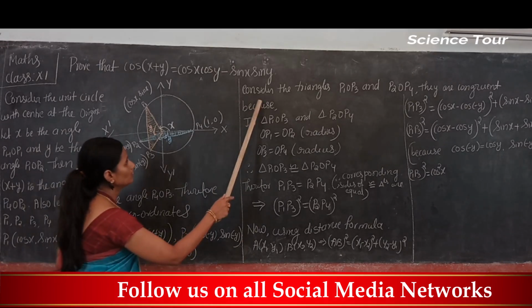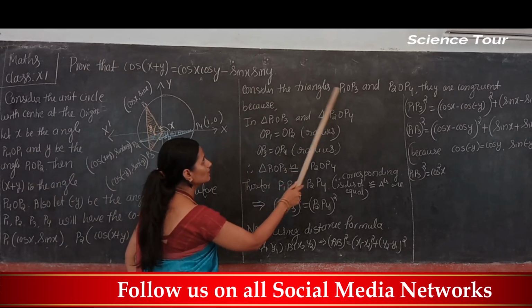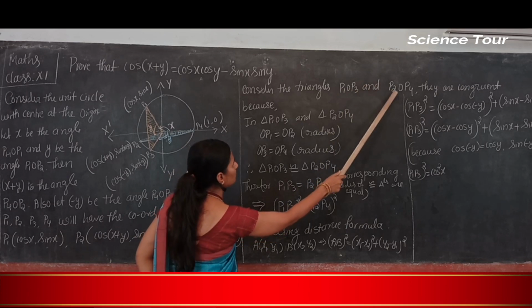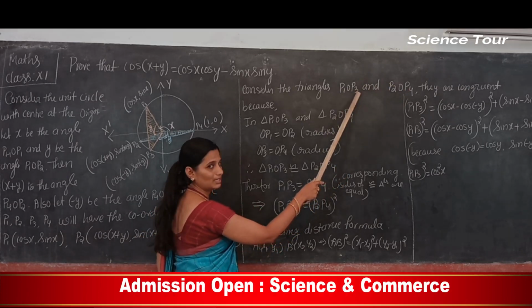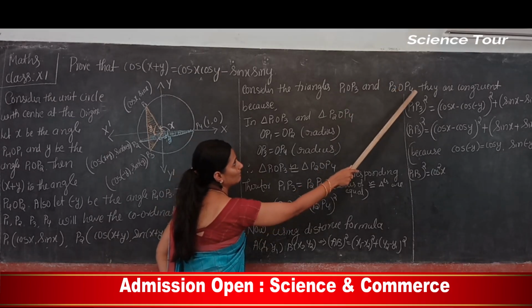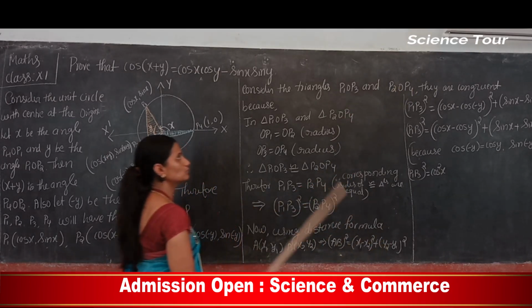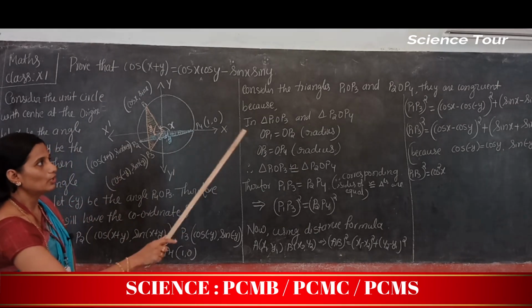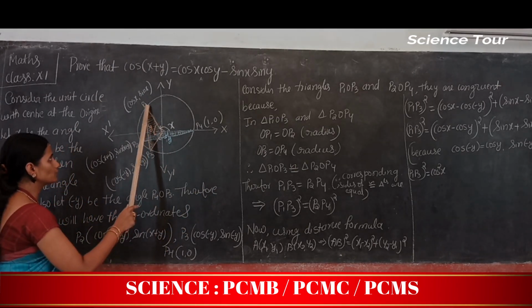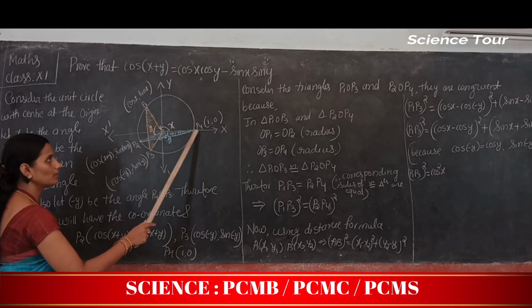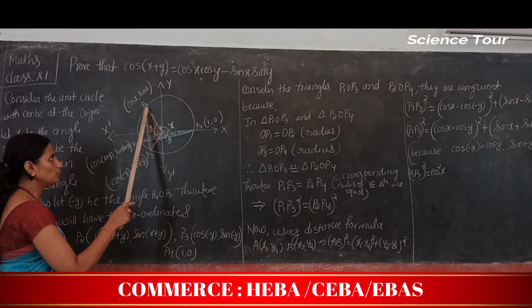Now consider the triangles P1OP3 and P2OP4. So join odd numbers 1 and 3, next join even numbers 2 and 4. So 1 and 3 is one triangle, 2 and 4 is one more triangle. If you join P1 and P3, P2 and P4, we will get two triangles.